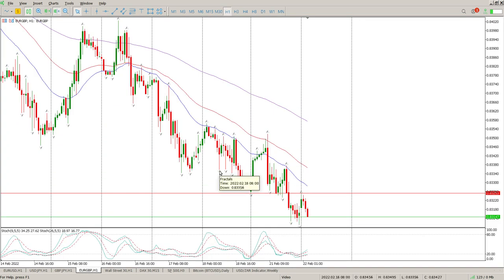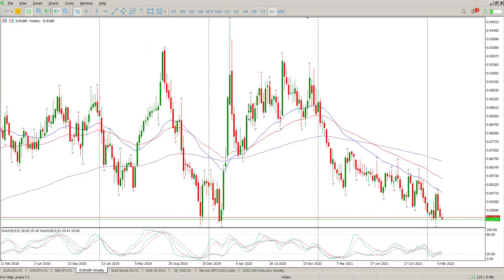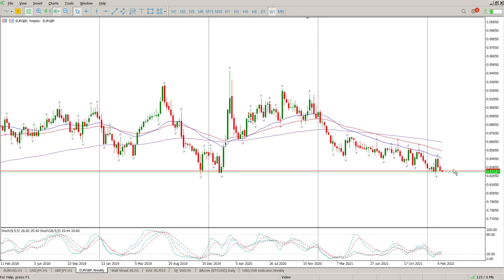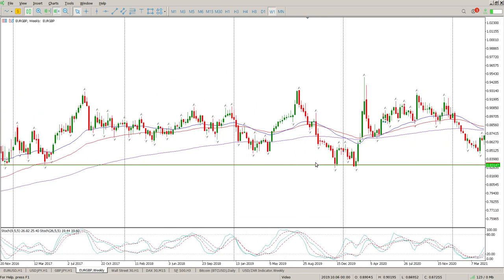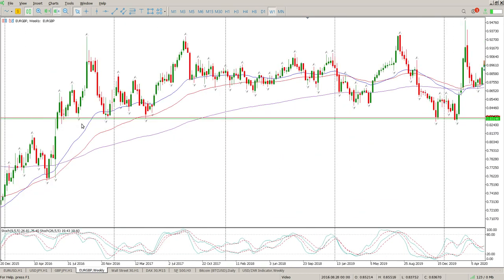Lastly, Euro, British pound, and the interesting setup here is I've spoken about this for quite some time. This is a massive area of support on the weekly, if you look at that, and then you've got this big weekly gap down to the downside here.